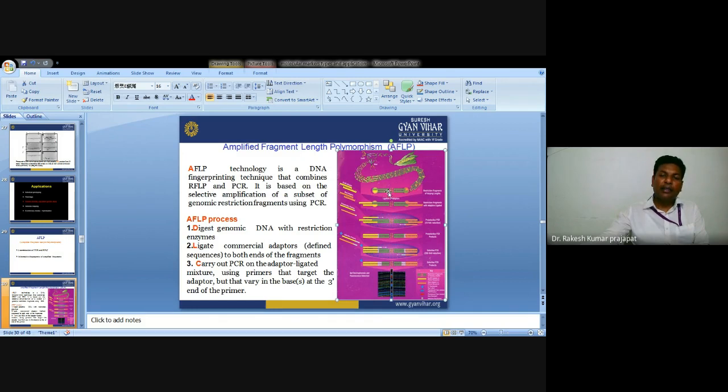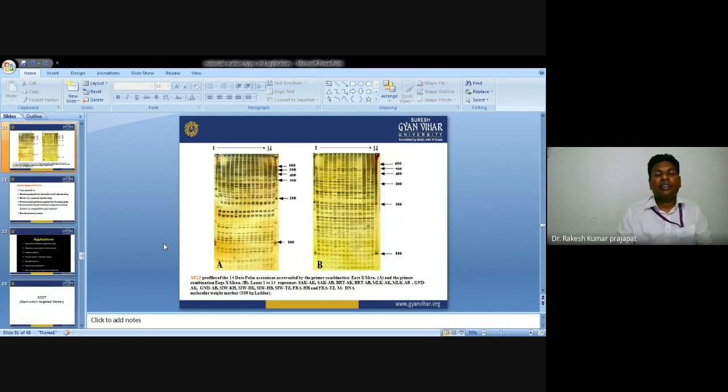Here we ligate the adapters. Then we carry out PCR on the adapter-ligated mixture using primers that target the adapters. So they carry out the PCR using primers complementary to the adapter sequences. This is the AFLP profiling.